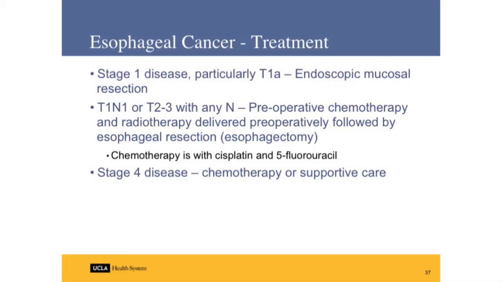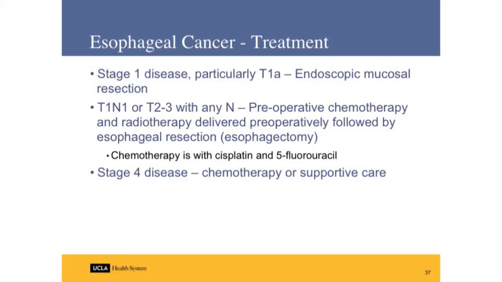And then in more advanced lesions, such as T1N1 or T2 to 3 with any nodal involvement, patients are given neoadjuvant chemotherapy before surgery, and then radiation. This is followed by complete removal of the esophagus.